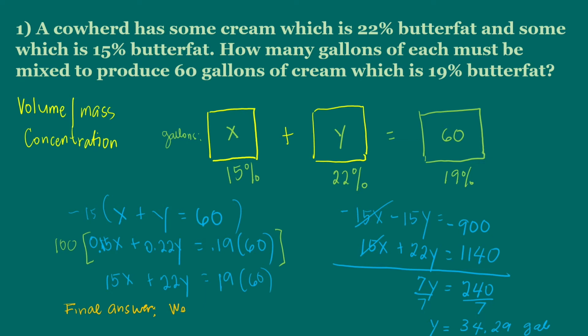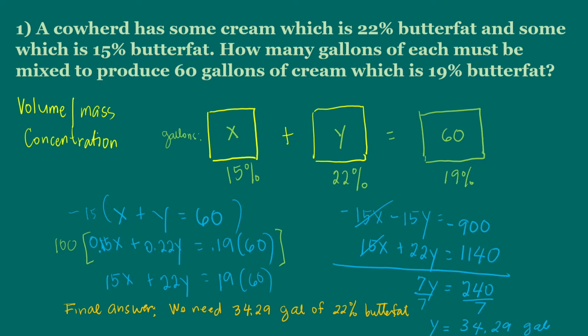We need 34.29 gallons of, so we can see that the y here is the 34.29 gallon of 22% butterfat.